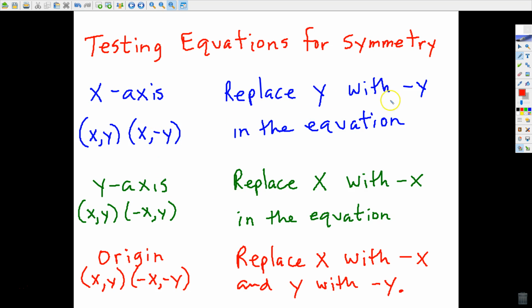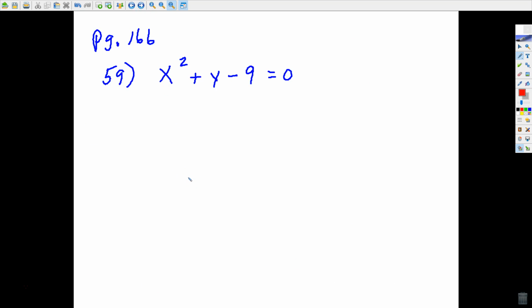So, looking at an equation, we'll test by replacing the regular y with negative y. And if we want to test y-axis symmetry, we'll do similar, but this time we're going to replace the x in the equation with negative x. And for origin symmetry, we're going to replace both. So I kind of summarized what we're going to be doing. Let me show you how it works.